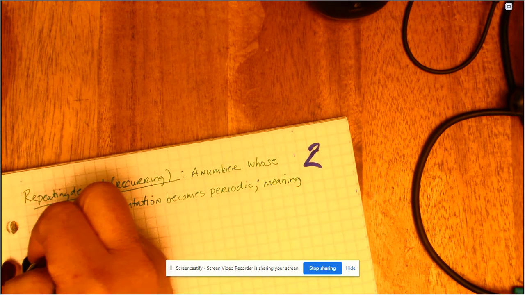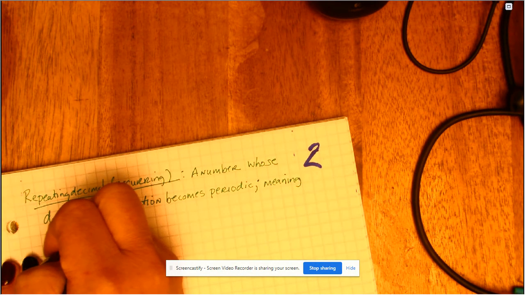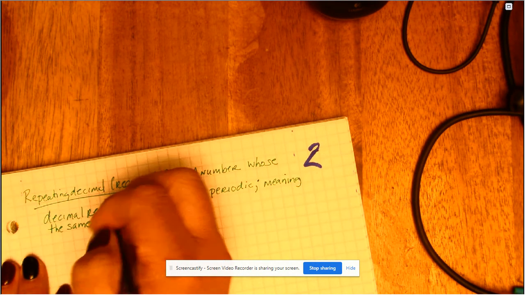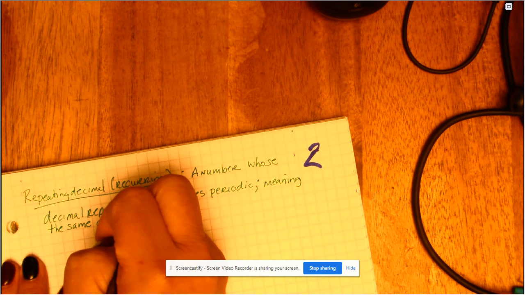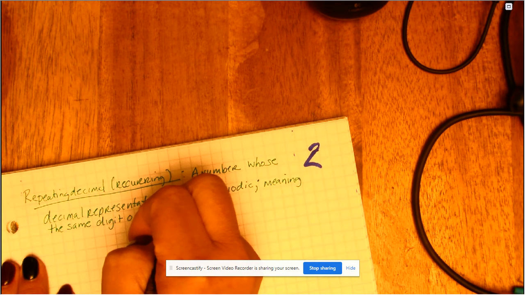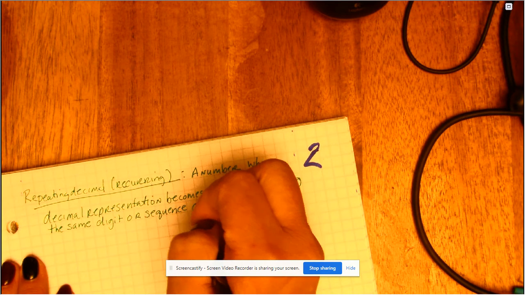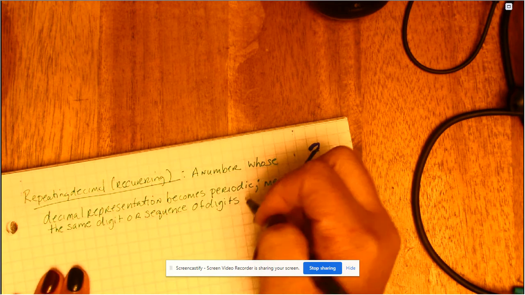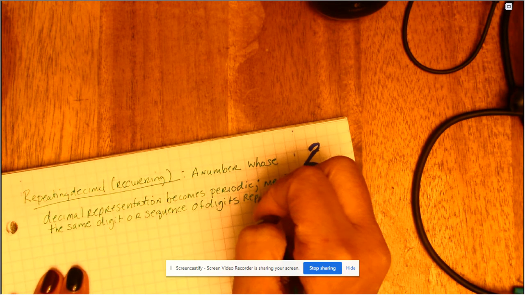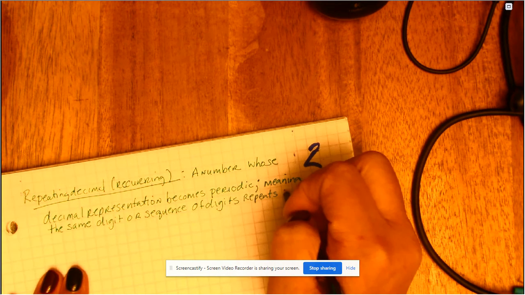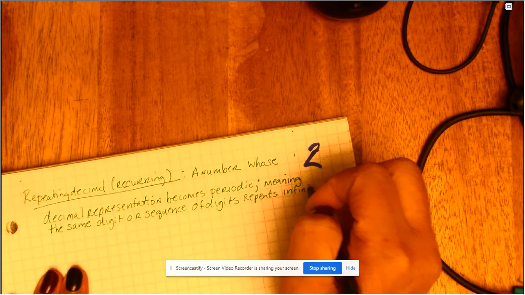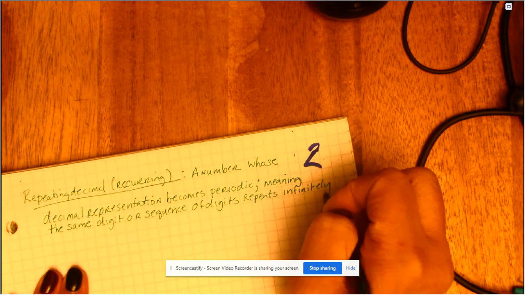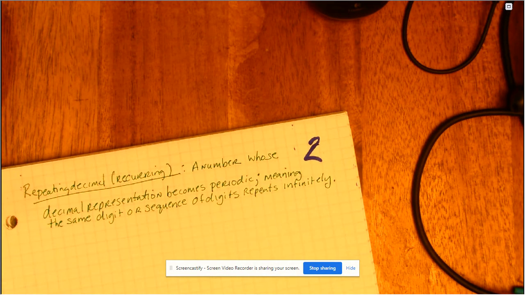So meaning the same digit or sequence of digits repeats infinitely, meaning that it never ends. So that is what a repeating decimal is.